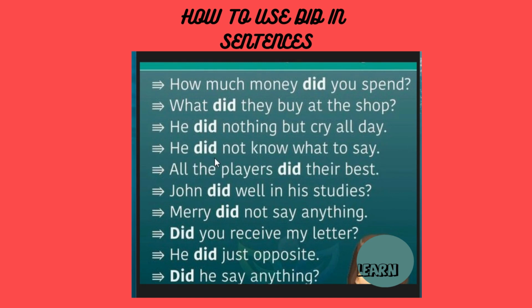And next one: he did not know what to say. This action happened in the past, simple past tense. When someone asked about something, this person at that time didn't know what to say. That is what it means. So he didn't say anything. He did not say anything because he did not know what to say. So he kept quiet, it seems.